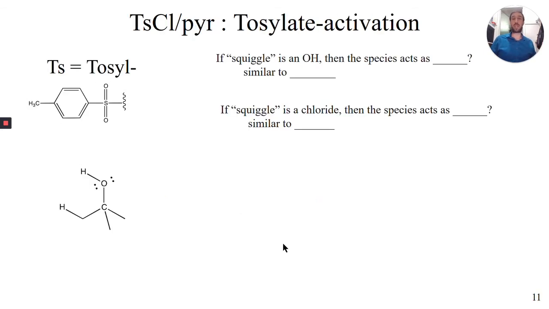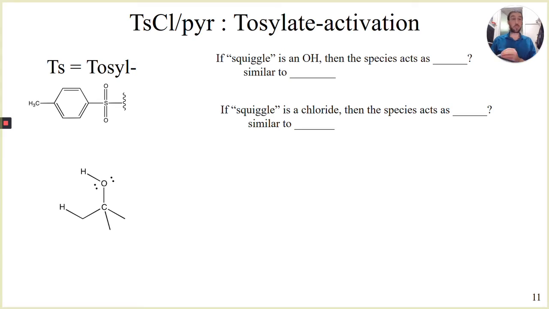If you remember that whole tosylate stuff we talked about, that TS, okay, which tends to give people a bit of issues because you forget what the tosyl meant. So this was our whole tosyl. Okay? If we replaced that squiggle with an OH, that meant that was toluene sulfonic acid, okay, which means it acted as an acid.